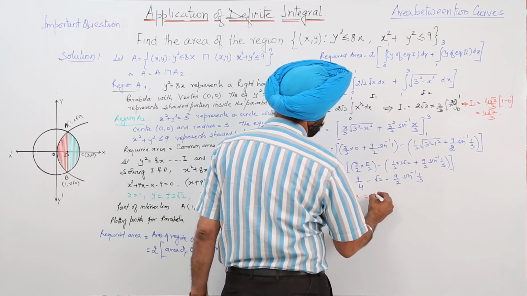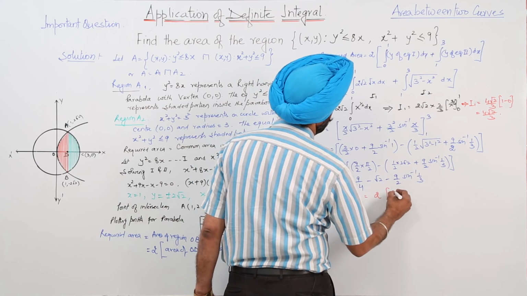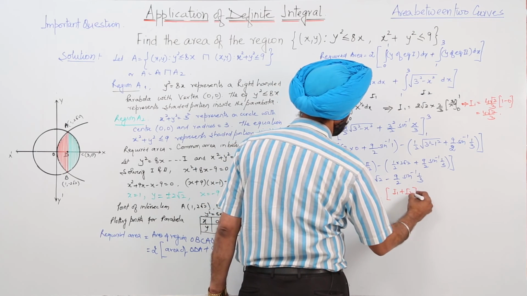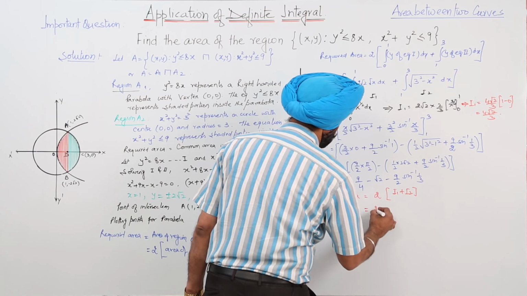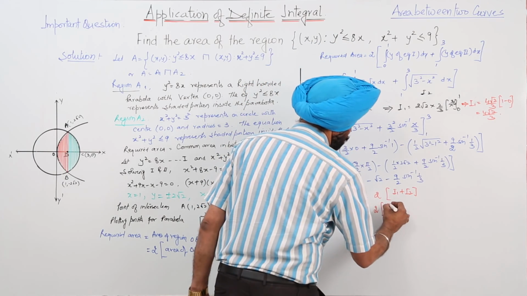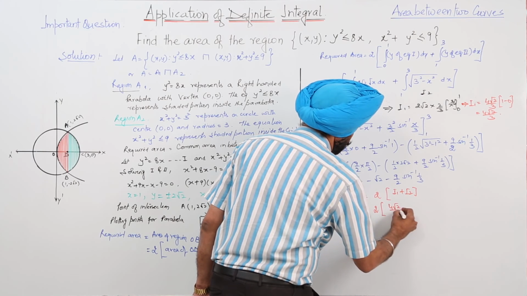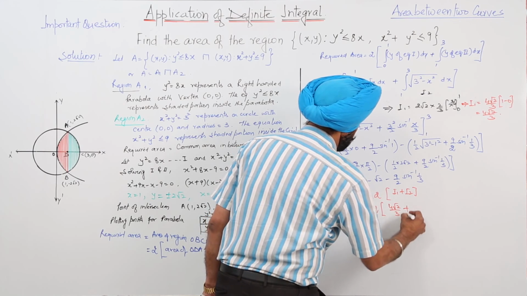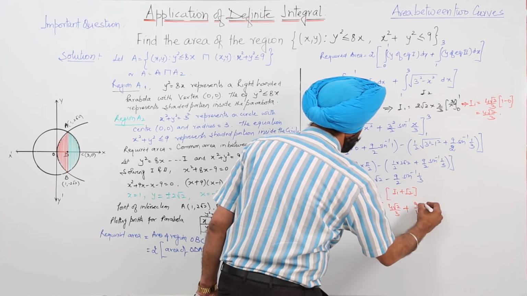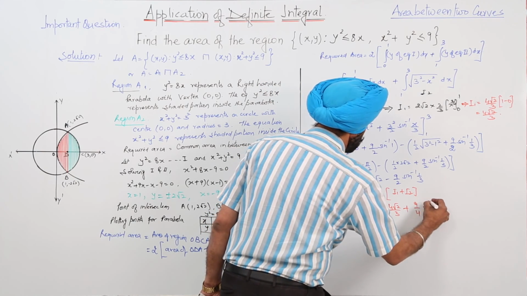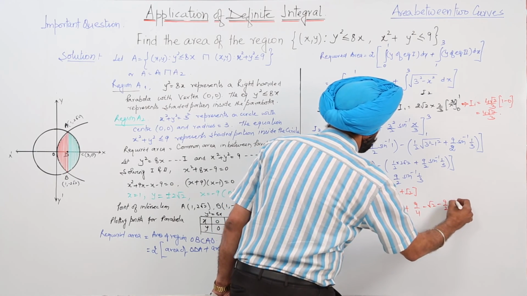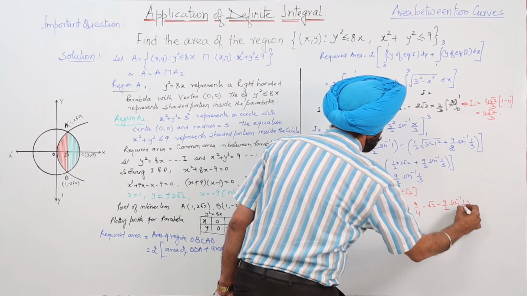Required area is equal to twice of I1 plus I2. Now this is equal to twice of 4 root 2 by 3 plus 9 pi by 4 minus root 2 minus 9 by 2 sine inverse 1 by 3.